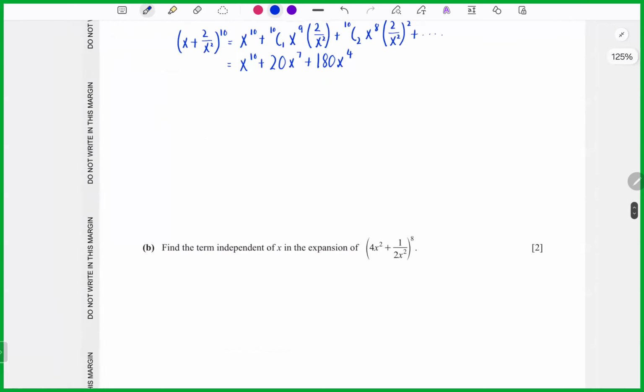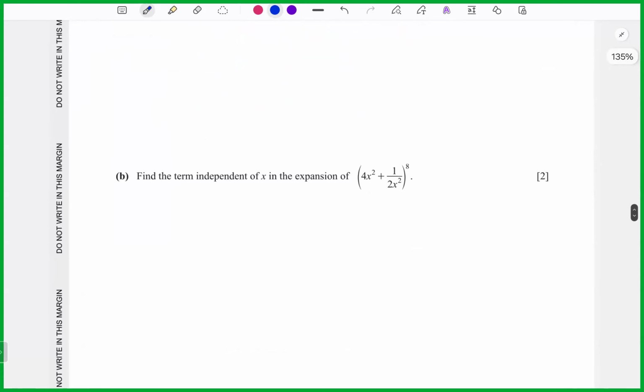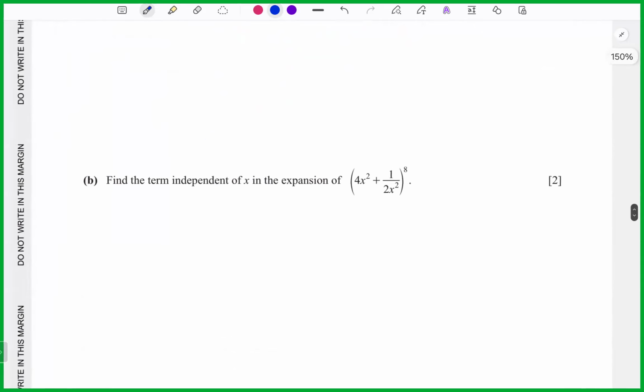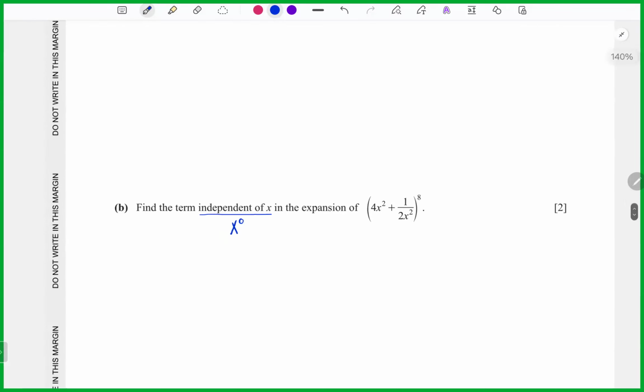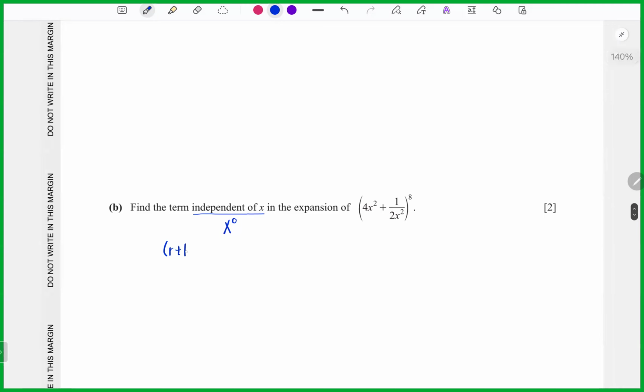Okay, so let's try question B. Find the term independent of x in the expansion of (4x squared plus 1 over 2x squared) power 8. The first thing is, you see this keyword independent of x, right? It means x power 0. And then you need to use the formula for this part, equals nCr p power r q power n minus r.